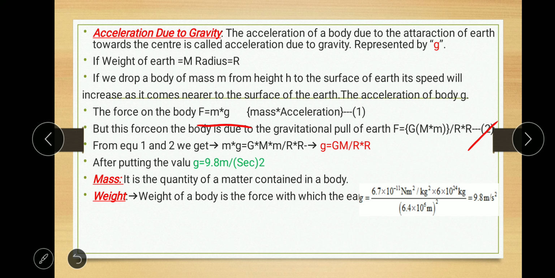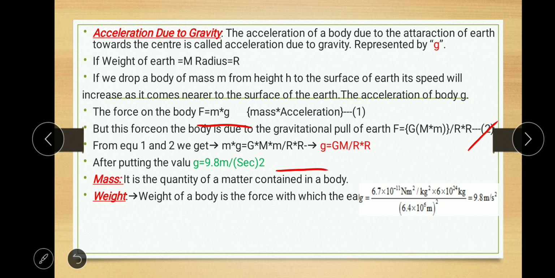So small g equals G capital M by r square. G is the gravitational constant, 6.67 into 10 to the power minus 11 Newton meter square per kg square. R is the radius of the Earth, capital M is the mass of the Earth. After putting the values, g equals 9.8 meter per second square. You should remember this all of your life: g equals 9.8 meter per second square.